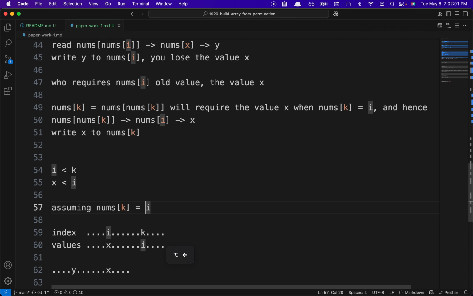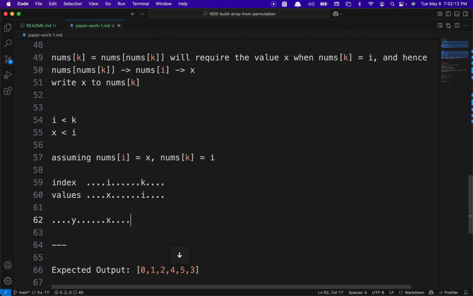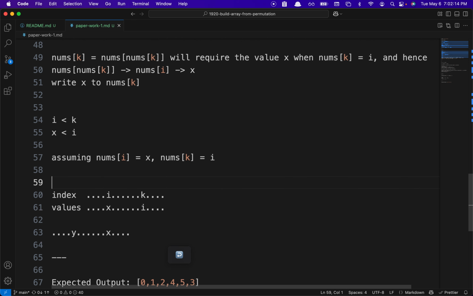Nums of k is equal to I. Nums of I equal to x, right? This is the input. Output will be index and values.